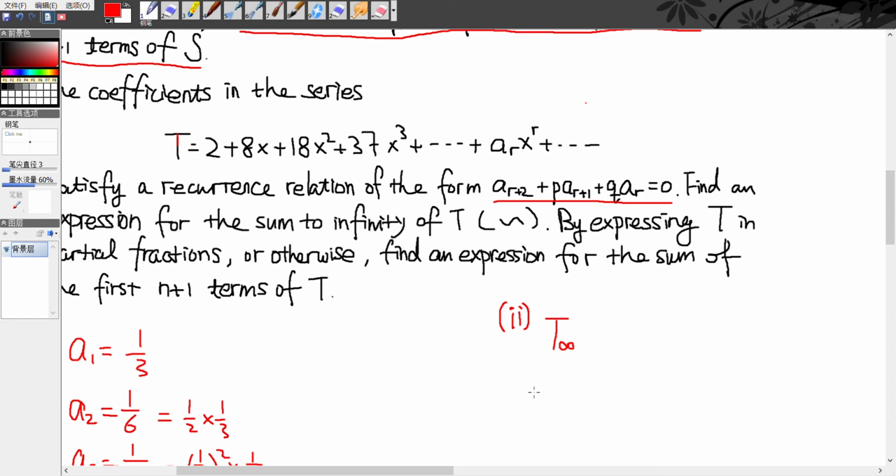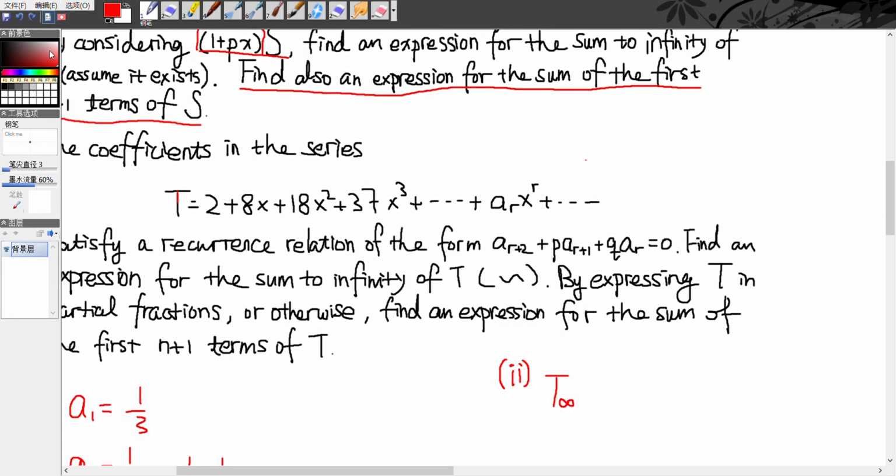From the series, we can have, oh, I'm sorry, I deleted something I shouldn't have deleted. Okay, so from the series, we can have our a0 equals 2, a1 equals 8, a2 equals 18, a3 equals 37.